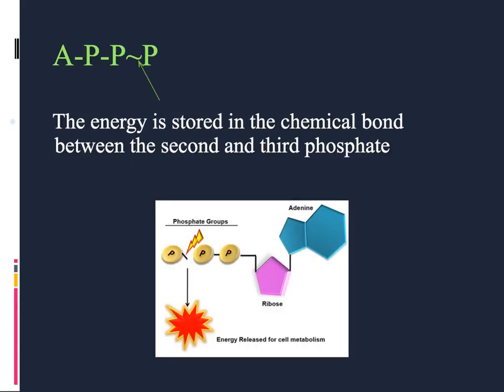Now, within the ATP molecule, the energy is stored in the chemical bond between the second and the third phosphate. Take a look at the diagram. That lightning bolt is meant to represent where the energy is contained within the entire ATP molecule.